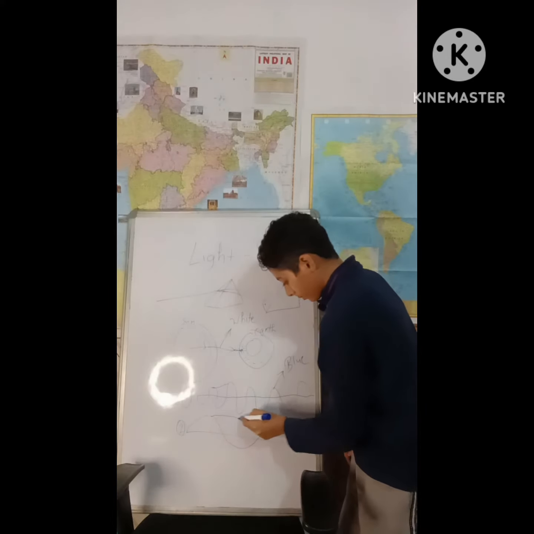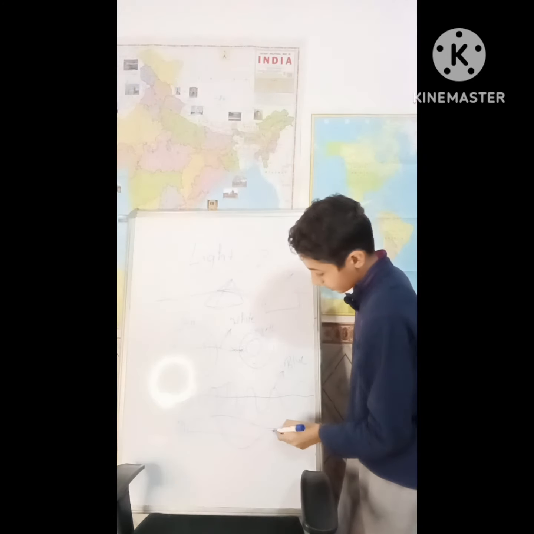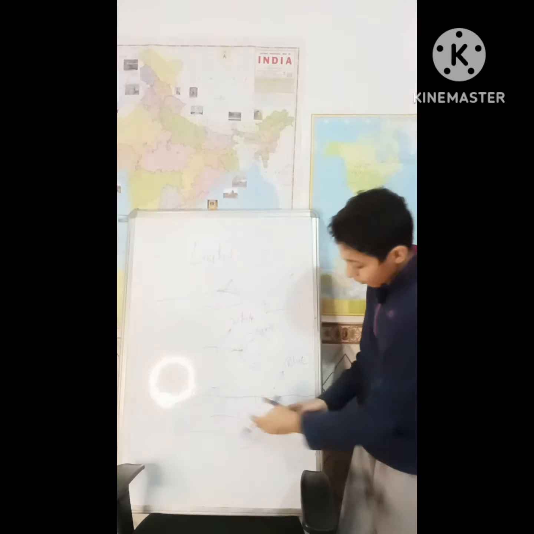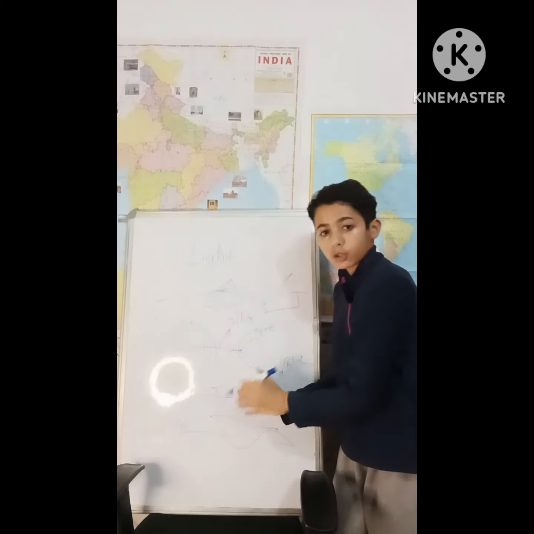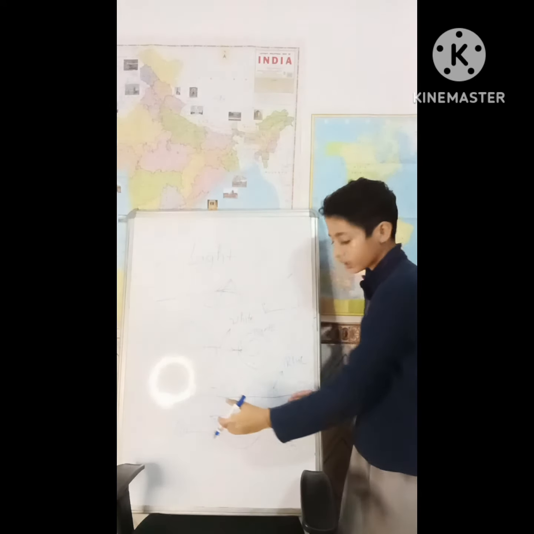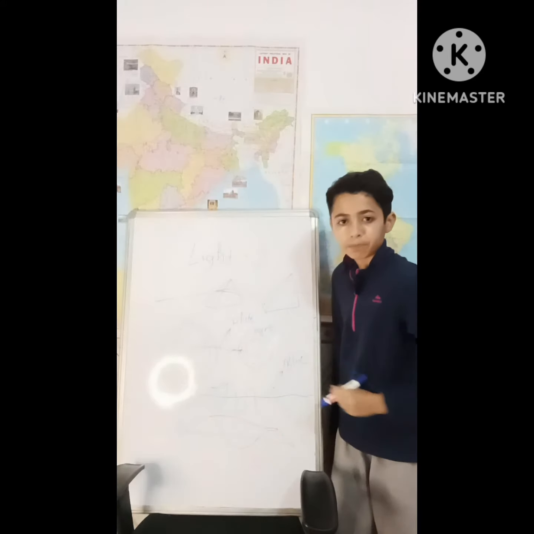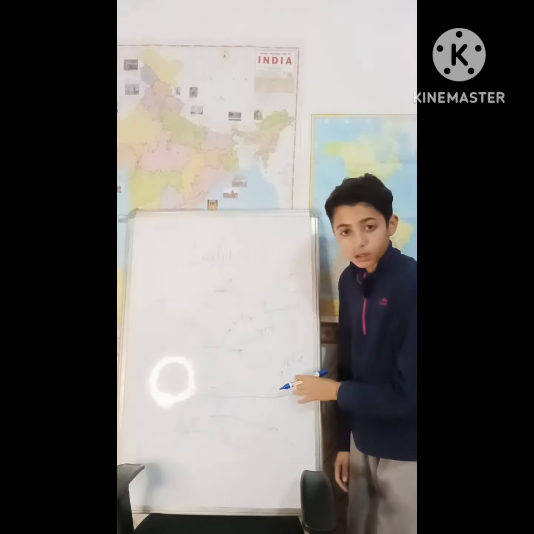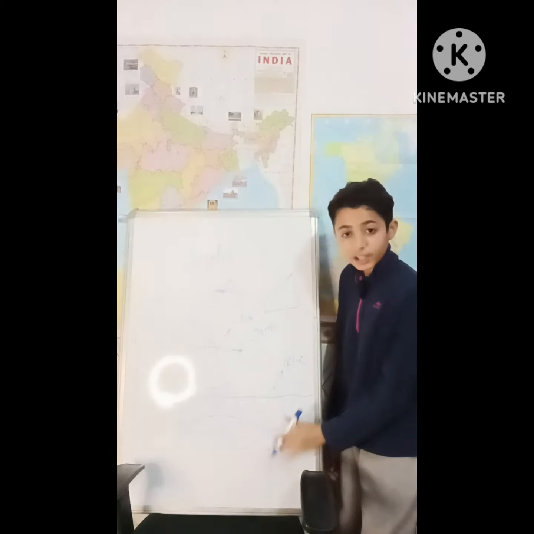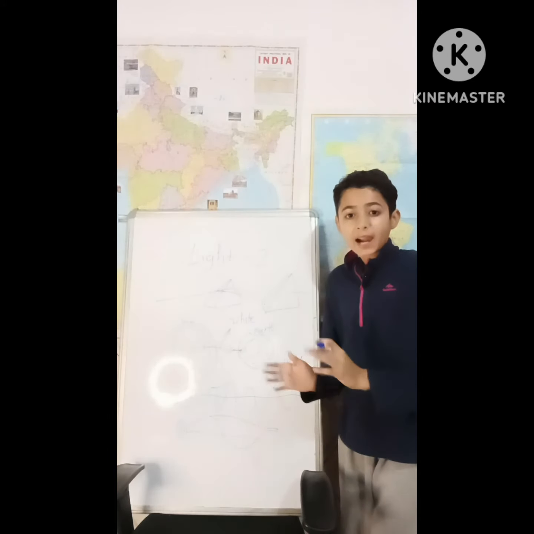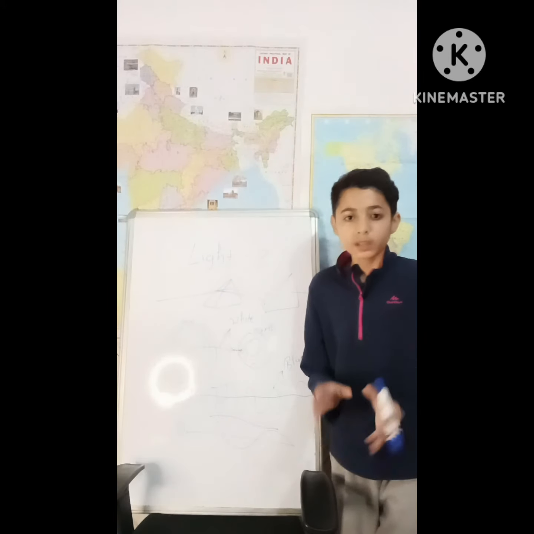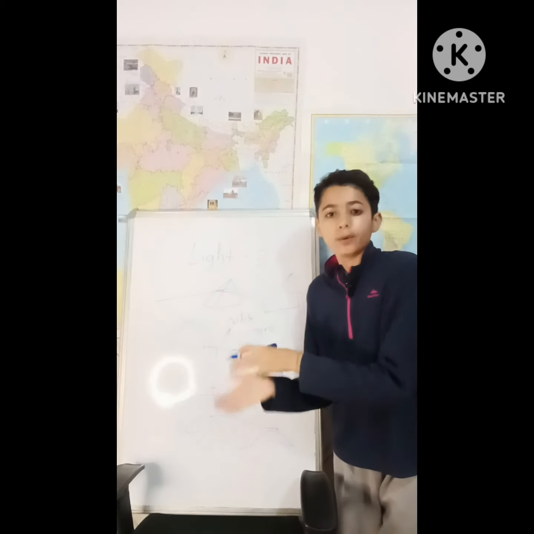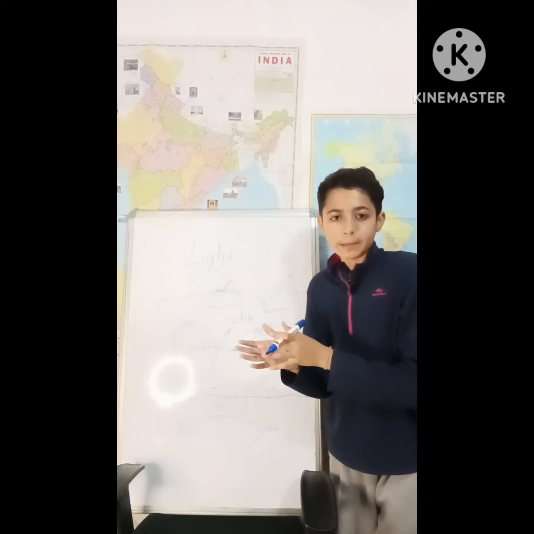Let's measure the wavelength from the crest. See, the two crests are far from each other compared to the first case, right? So the wavelength of the second case and the first case are different, and the more the wavelength is, the reddish the color will be.